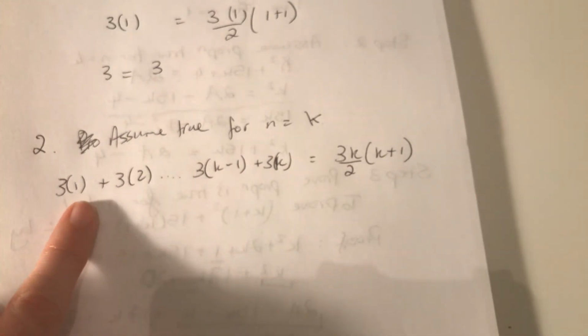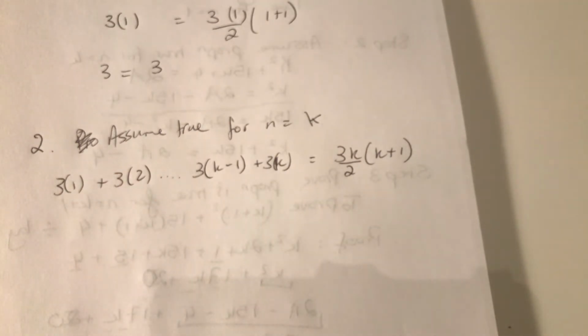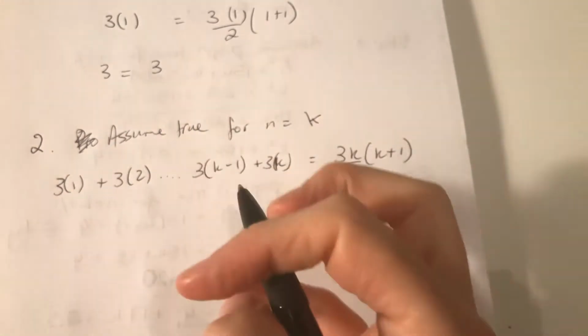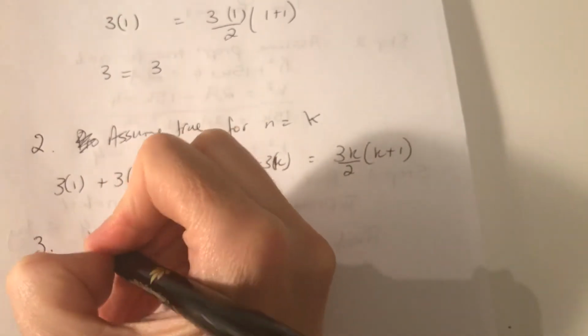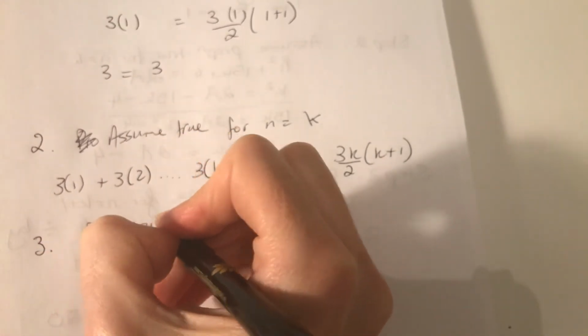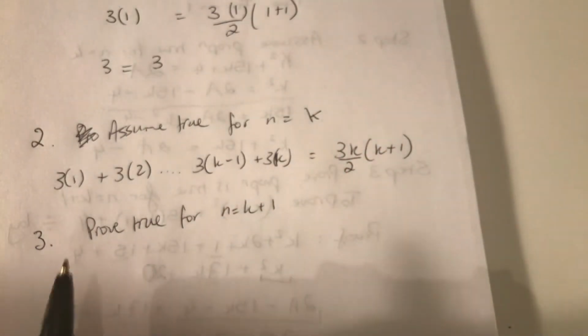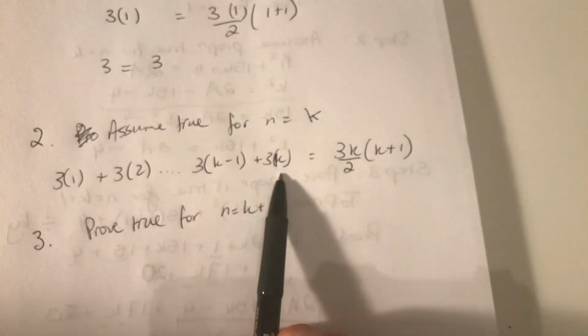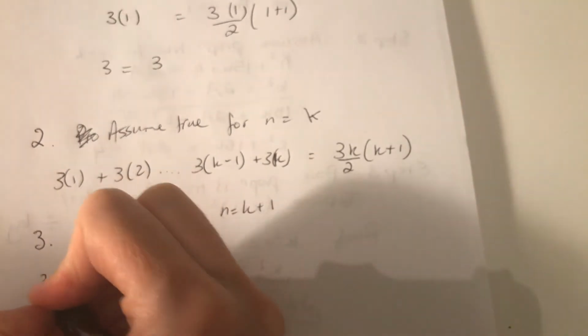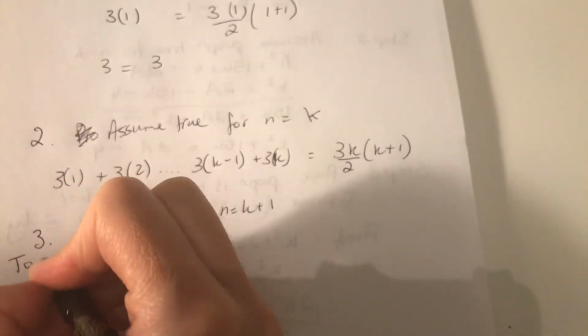Now, so assume true for n equal to k. Prove true for n equal to k plus 1. So on the left, I'm no longer going up as far as the kth term, I'm going up as far as the k plus 1 term. So this is what I'm trying to prove.